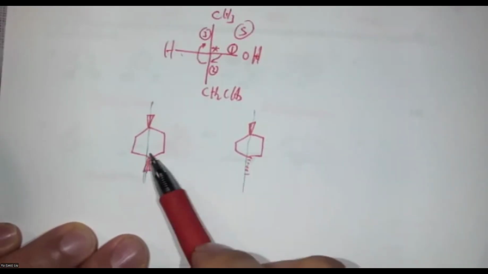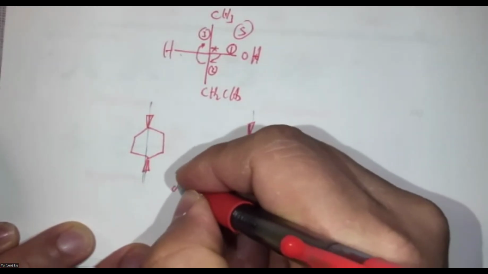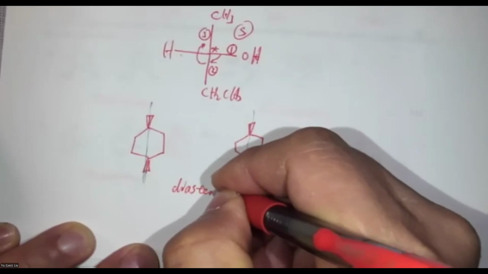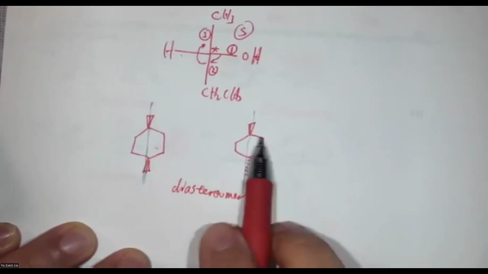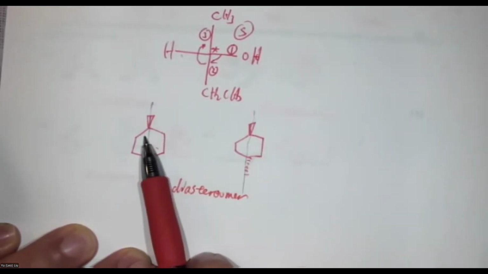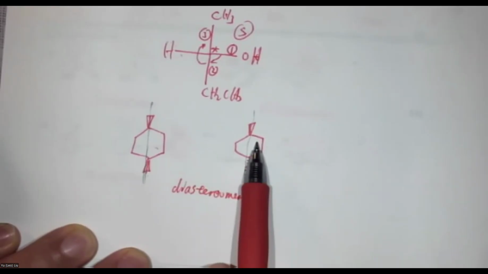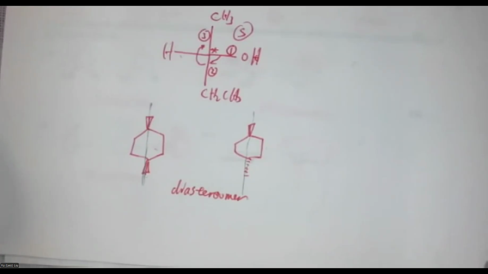Their relationship: those are two stereoisomers, so that's still diastereomer. They are two different compounds, stereoisomers but not enantiomers. That's what we call diastereomers.